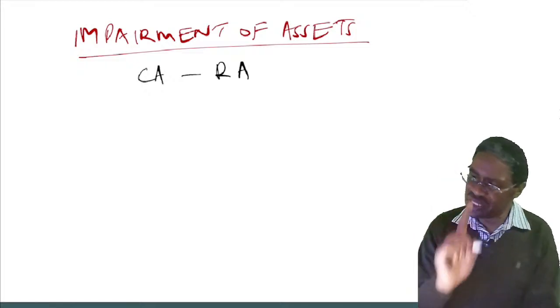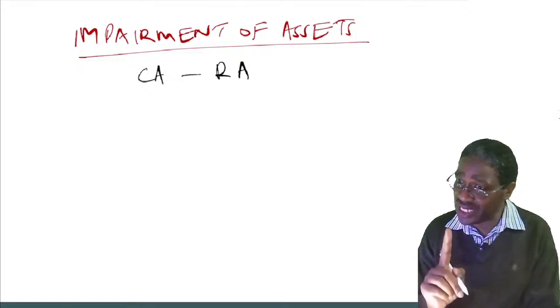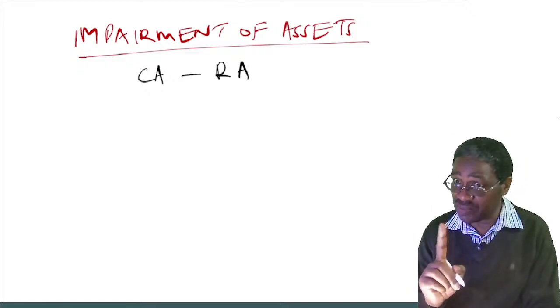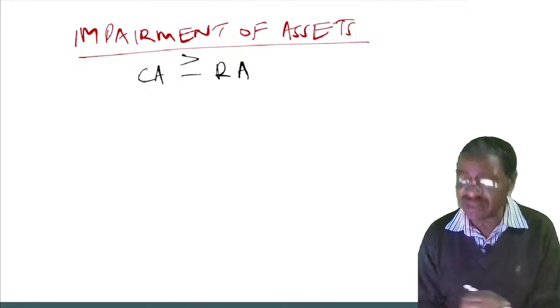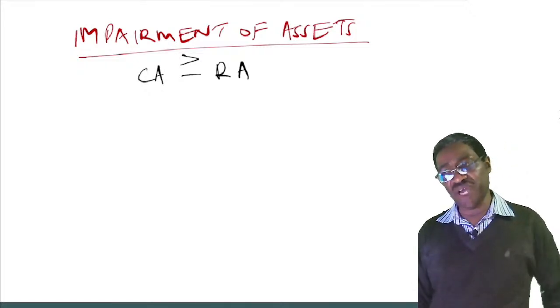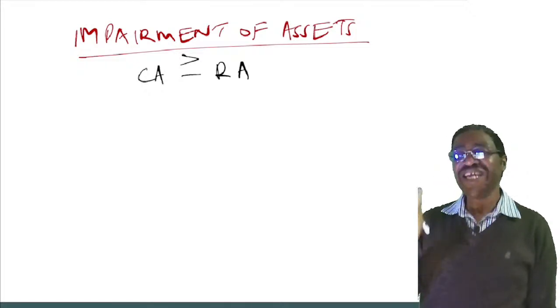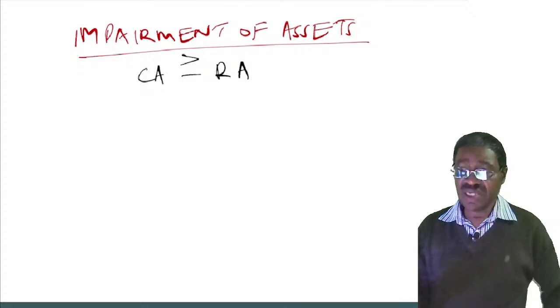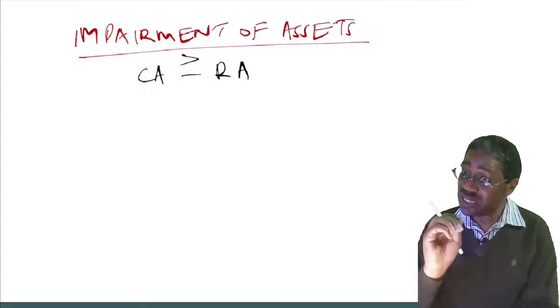Then we normally say, if the carrying amount of the asset is higher than the recoverable amount, then we say that asset has suffered an impairment loss.